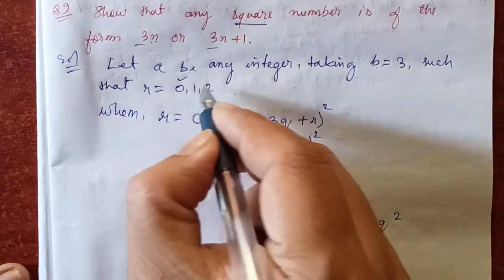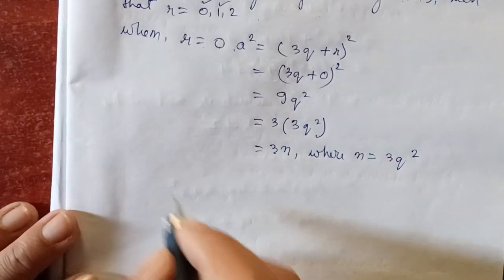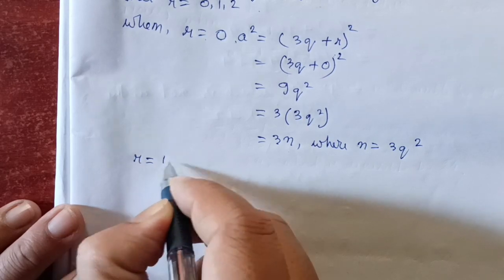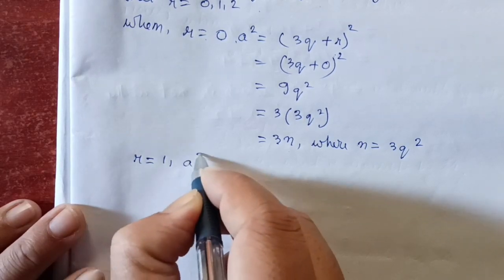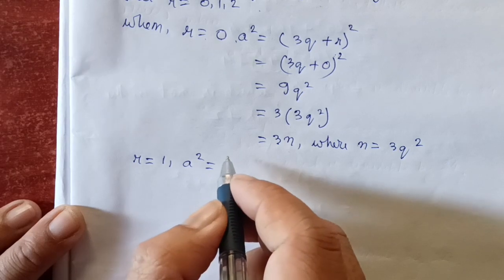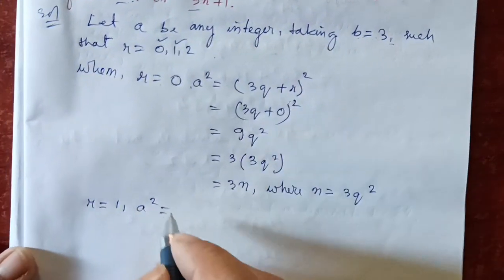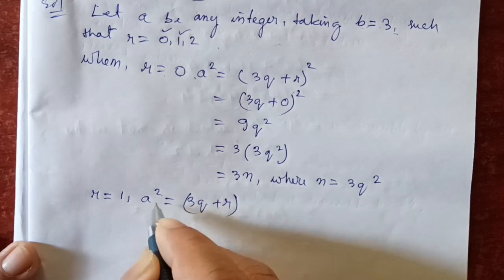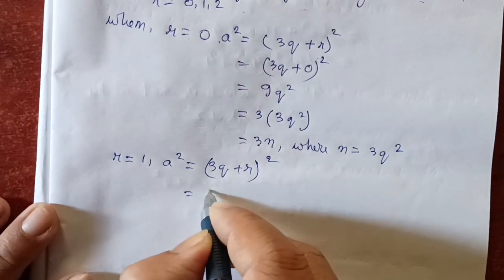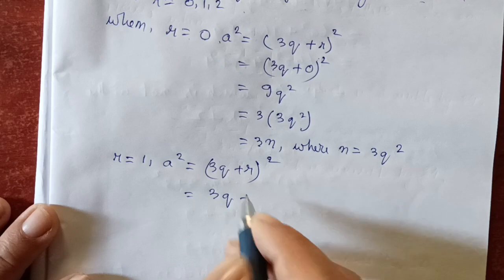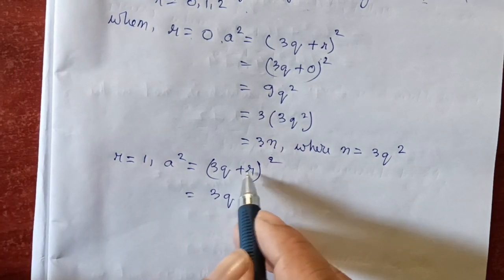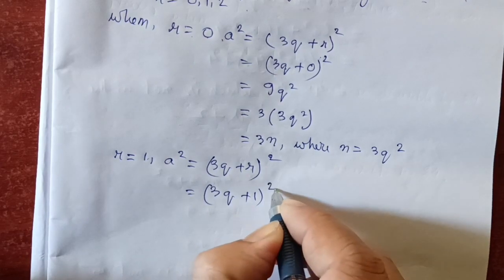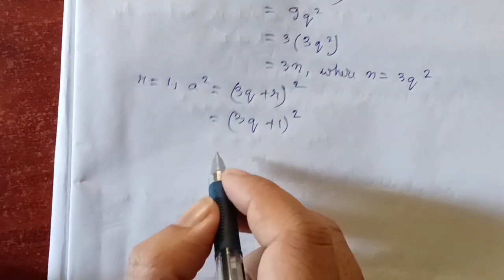Then now let us try for 1. When r equal to 1, then a square, remember that our b value is 3, so it should be 3q plus r, don't forget this, square. What is our r value? Our r value is 1, right?